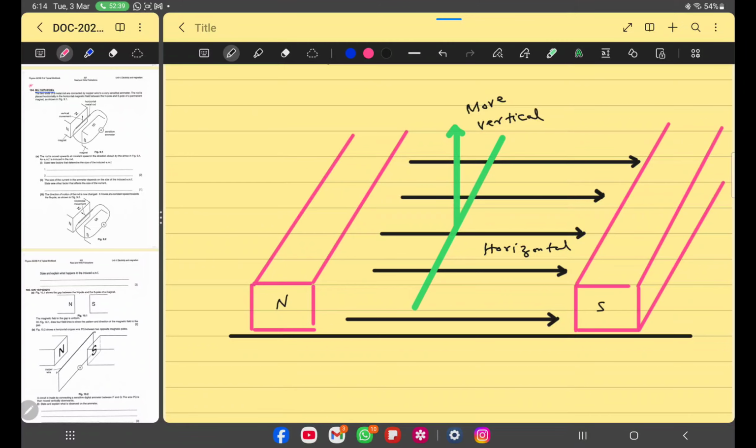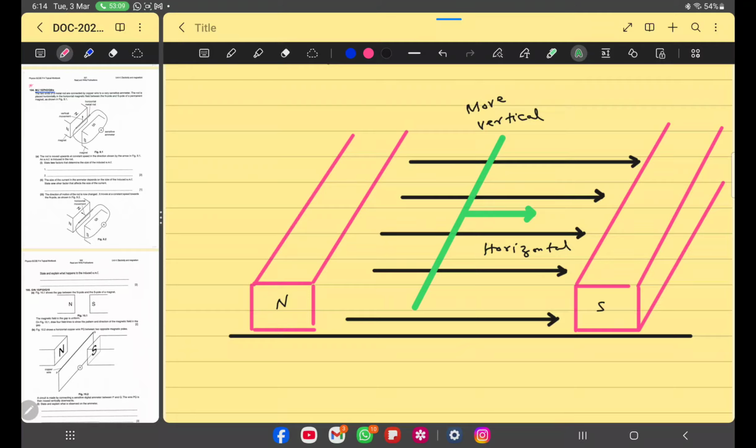If you move the rod upward or downward, then current is produced. But if someone moves this rod in this direction, parallel to the magnetic field, magnetic lines are horizontal, the movement is horizontal, no current is produced.